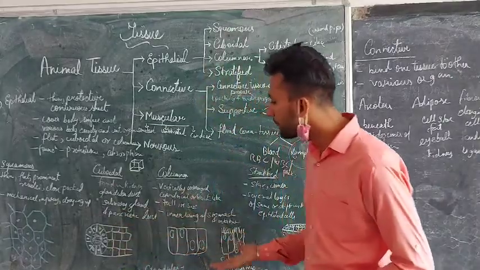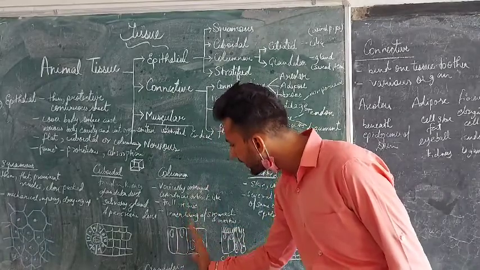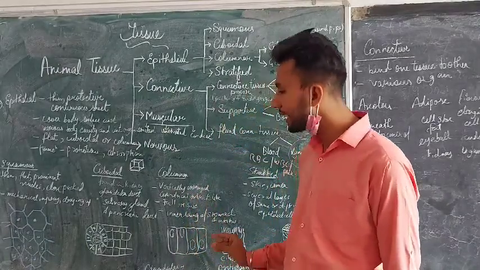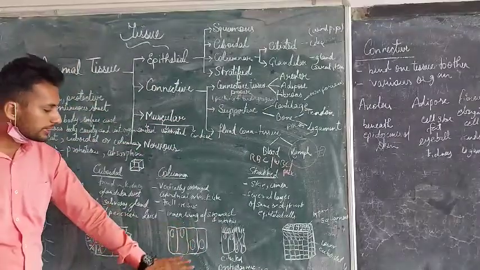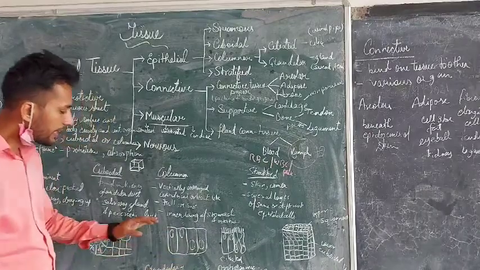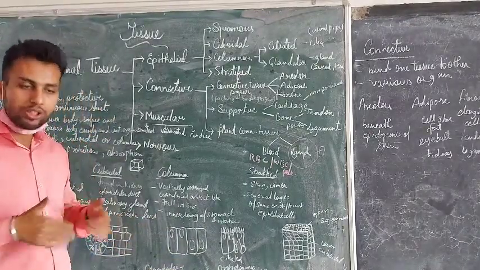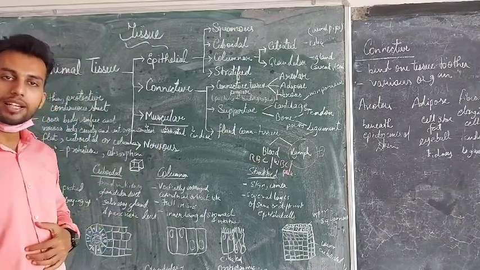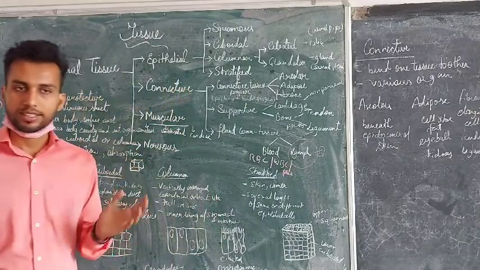Now coming to the columnar epithelium. Columnar epithelium consists of long, elongated cells which are tall in size and have a cylindrical shape. Their nuclei are also elongated, and they are present in the inner lining, not the external lining. The main example is the stomach.